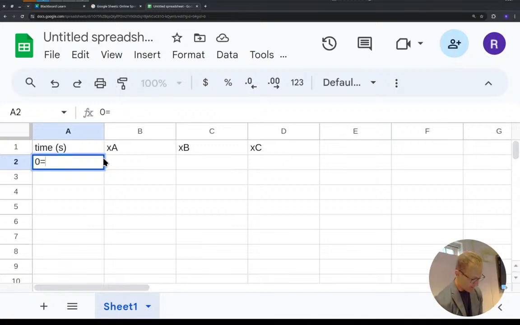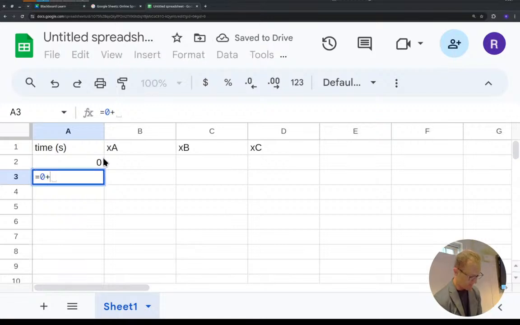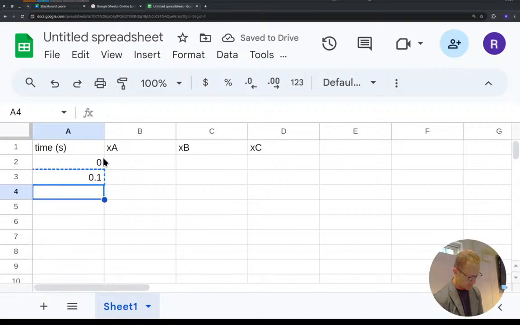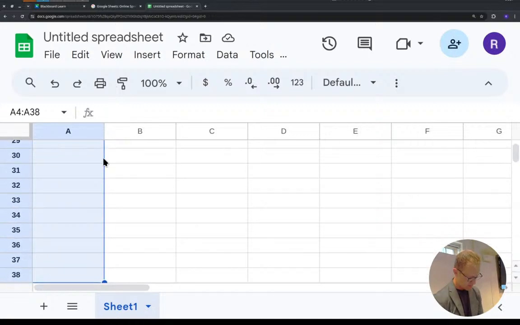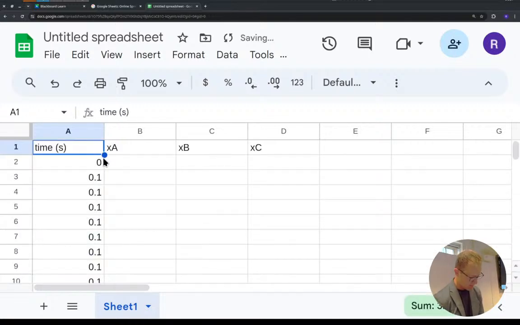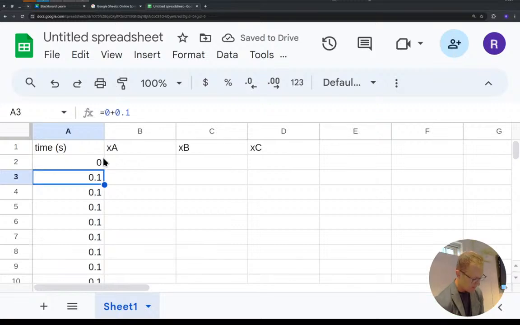So I'll set up 0, and then this is going to be 0 plus whatever my time step is. Let's do 0.1 just so I don't have too many. Should be A2.